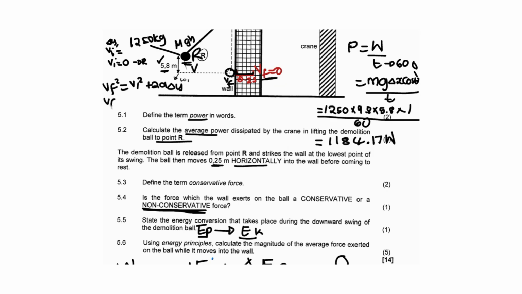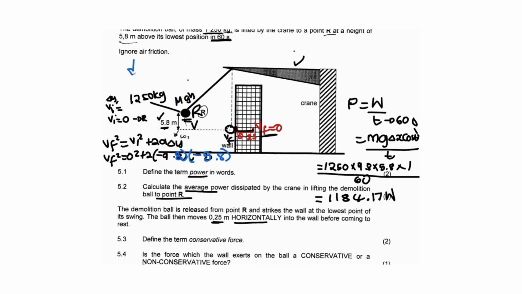We are looking for v final. Our v initial is 0, and we have 2 times negative 9.8 times negative 5.8. I'm making them negative because I'm taking downward as negative, and it's coming down.